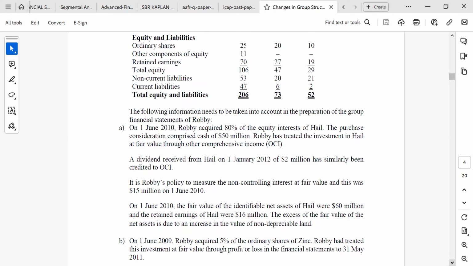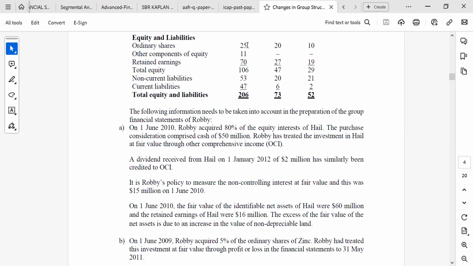On 1st June 2010, the fair value of the identifiable net assets of Hale was $60 million, and the retained earnings of Hale were $60 million.